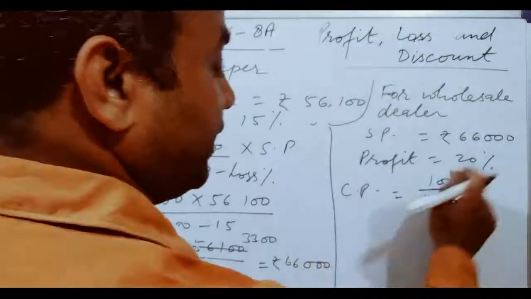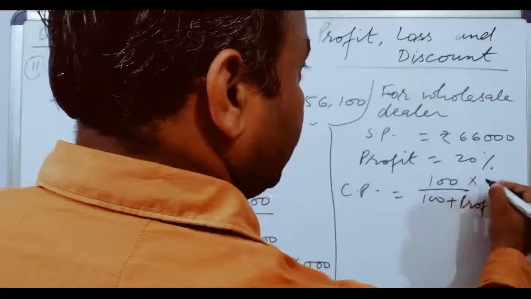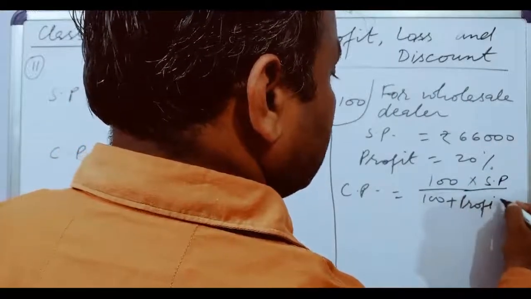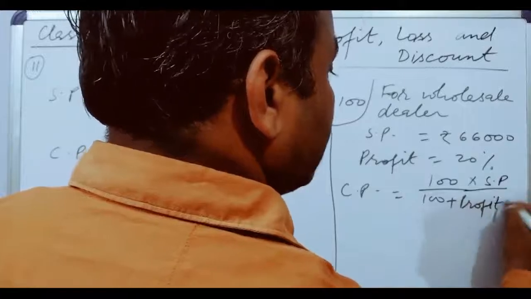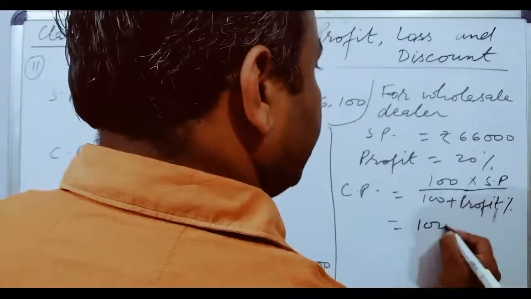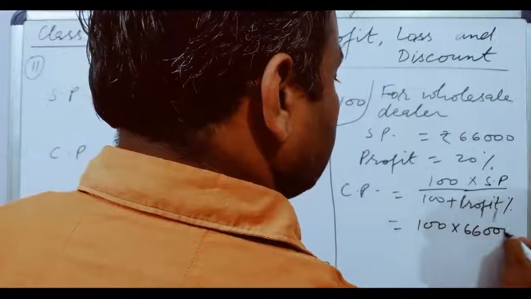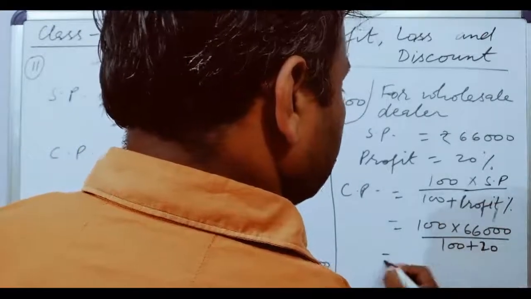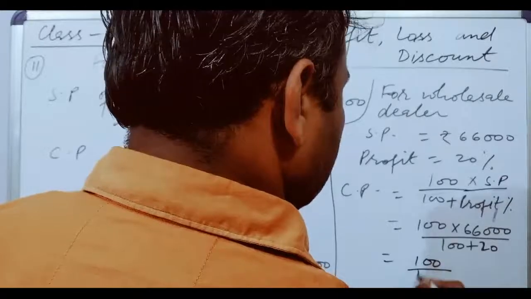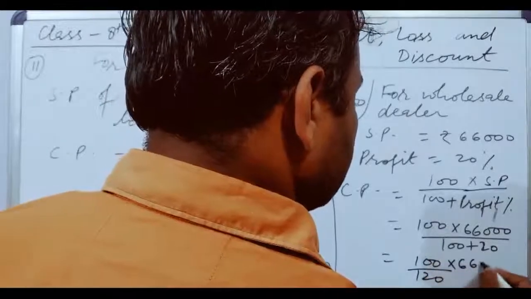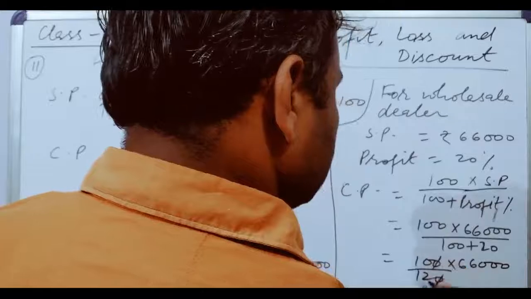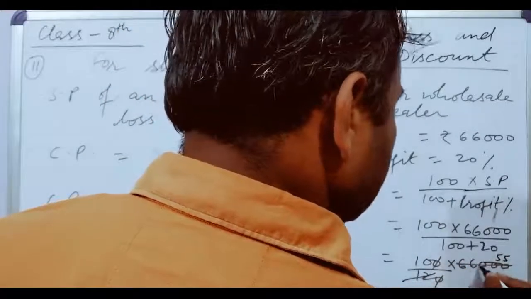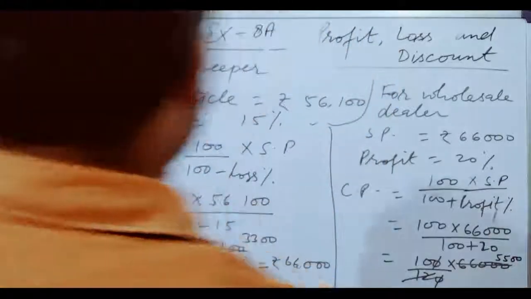Then CP equal to 100 into SP upon 100 plus profit percent. Then it is 100 into 66,000 upon 100 plus 20, which is 100 upon 120 into 66,000. The zeros cancel. 12 fives are 60, then 2 zeros.